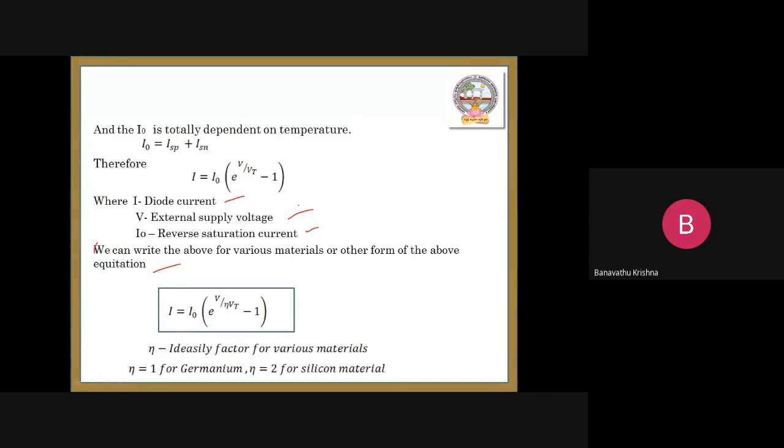There are many materials, such as silicon and germanium, and based on the material, the diode current equation may change or be formed in another way. So I equal to I naught into e power V by eta Vt minus 1, where eta is the ideality factor for various materials. Here we are going to discuss germanium and silicon: for germanium it is 1 and for silicon it is 2. So this is the final diode current equation of a particular PN junction diode.